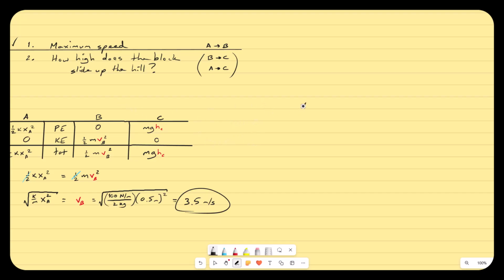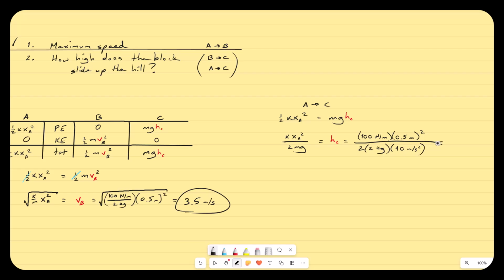So when I do that, if I say A to C, I'm saying 1/2 k xA squared equals mg times final height. I'm solving for that final height. So I get k xA squared over 2mg, and I can plug in.